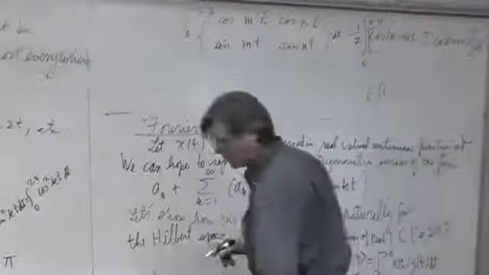Let's see. Is that right? 1/2 is 1/2. 1 minus. It doesn't look right. Yeah, that's right. 1/2 of 1 minus cosine of the double angle equals the cosine squared theta. That corresponds to cosine of the double angle equals 2 cosine squared theta minus 1. Let's see if I got the sign right.